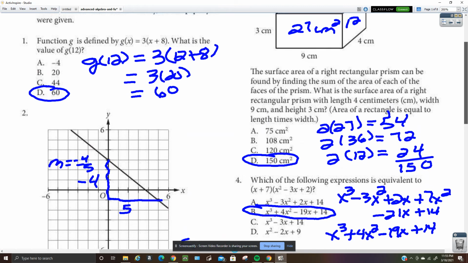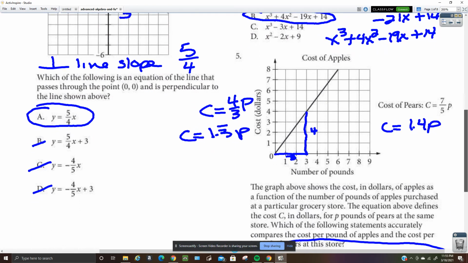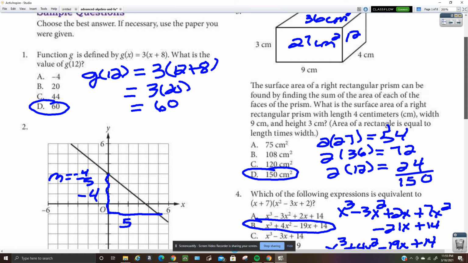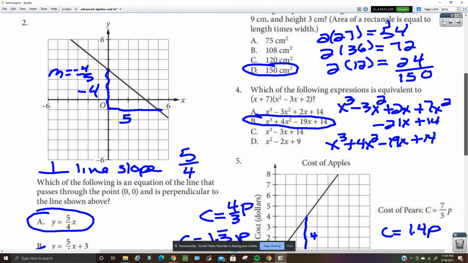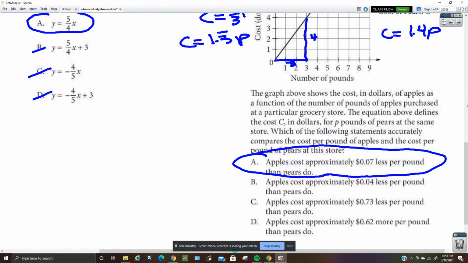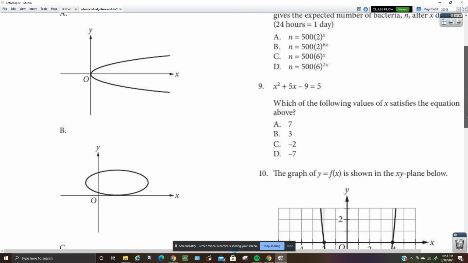All right, so reviewing the answers, number 1 is D as in delta, 2 is A as in alpha, 3 is D as in delta, 4 is B as in bravo, 5 is A as in alpha. And then which of the following is a graph of a function?